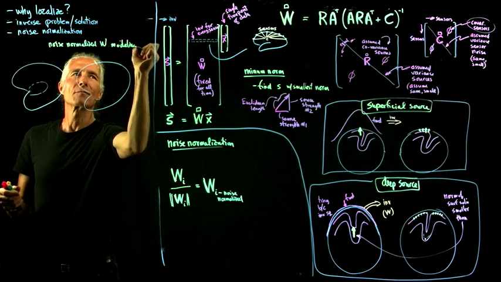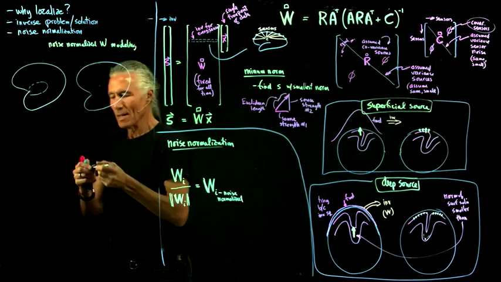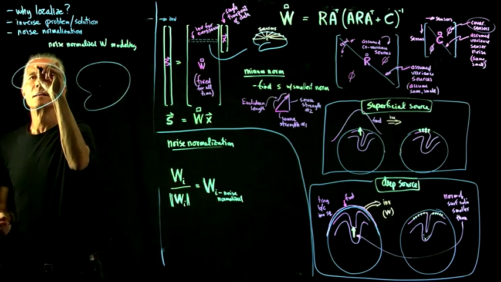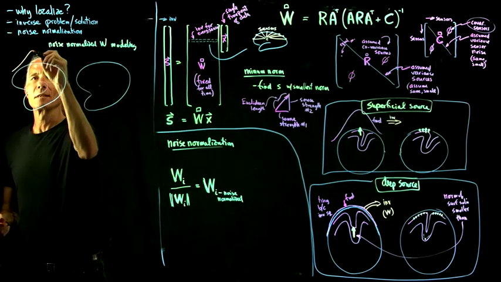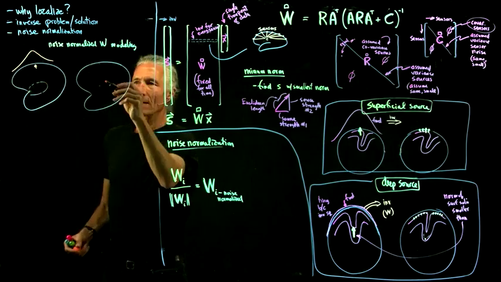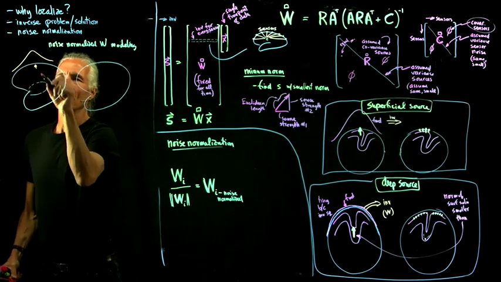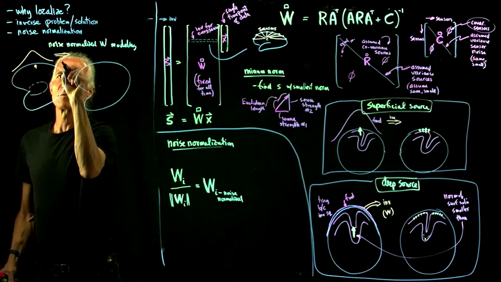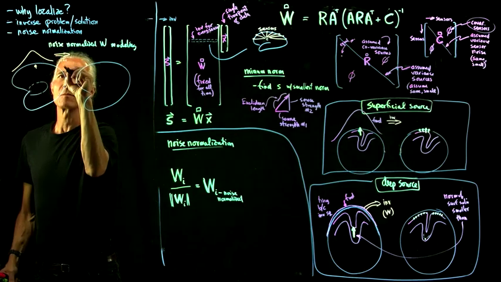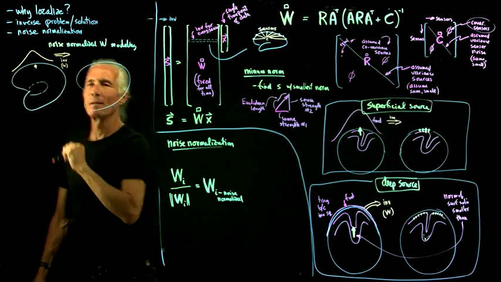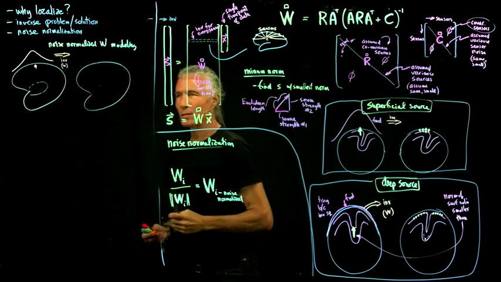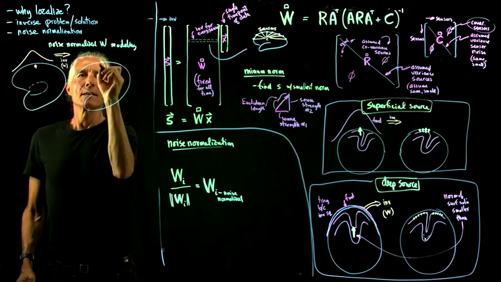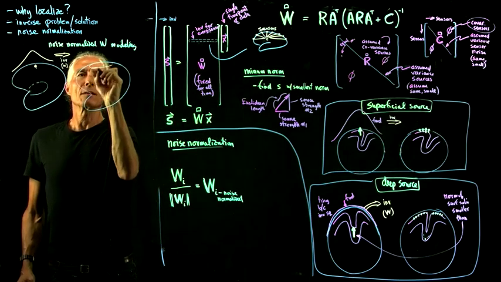So this isn't real data. What you do is you just start with a superficial source, calculate the forward solution, and then do the inverse, multiply by W, and then just see what you get. It's going to smear out the forward solution a little bit.